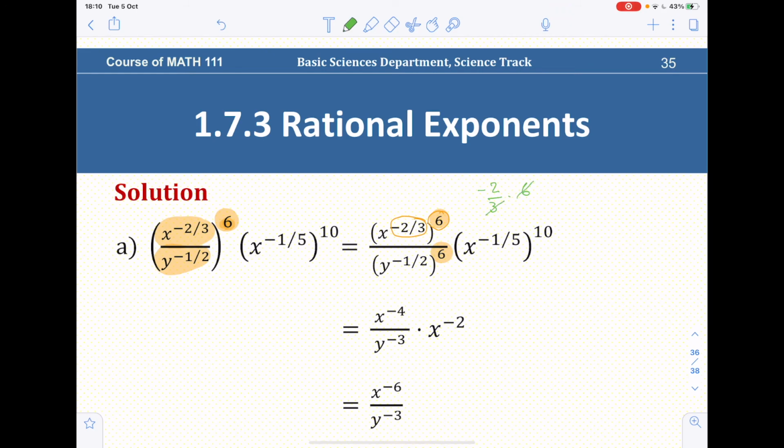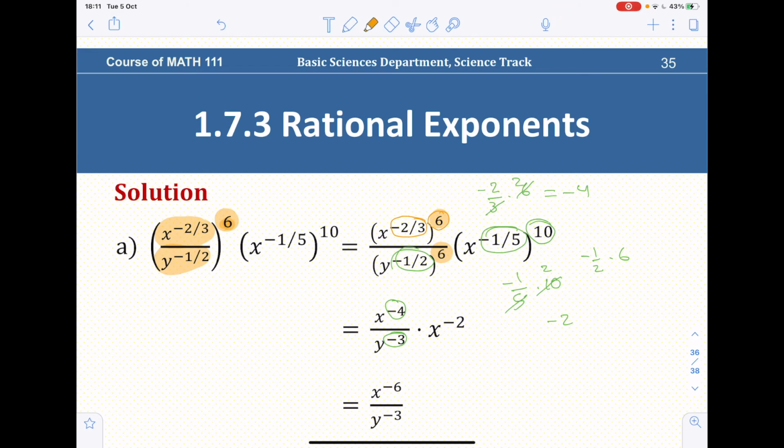We can simplify this one, so I would have negative 4. Same thing, I will multiply these two powers together, so negative 1 over 2 times 6, which means half of 6 is 3, so negative 3. And also I will multiply these two powers together, so I would have 1 over 5 times 10, which is 2, so negative 2.